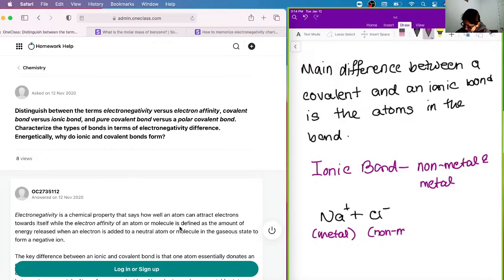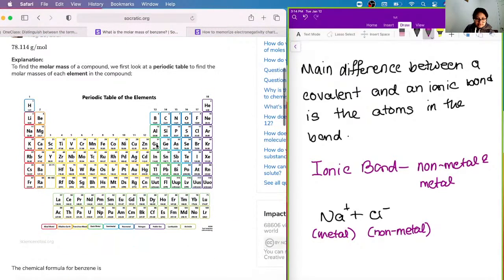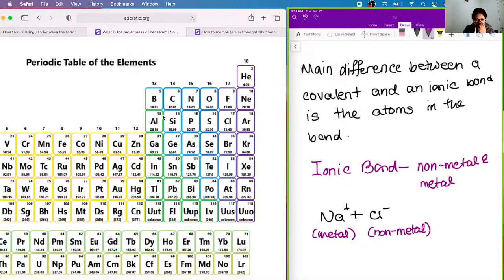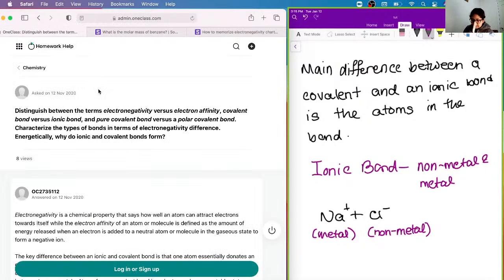And we know this by looking at the periodic table. We know that group 1 and group 2 and group 3 are metals, and then going on from group 4, they're all non-metals. So we know that our metal always goes first in the name. So this forms NaCl. And the bond between Na and Cl is an ionic bond.